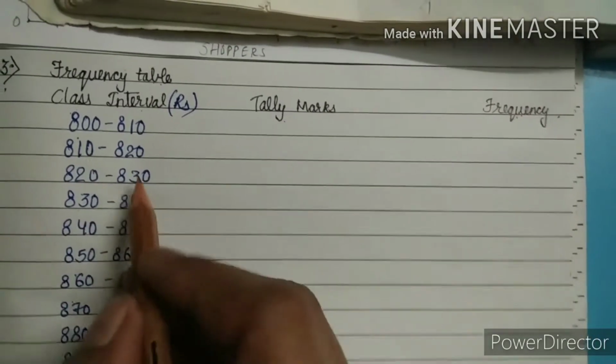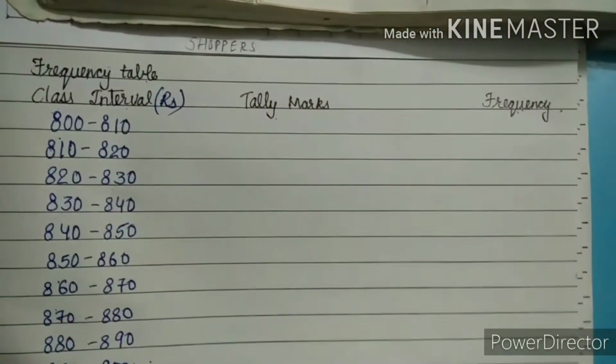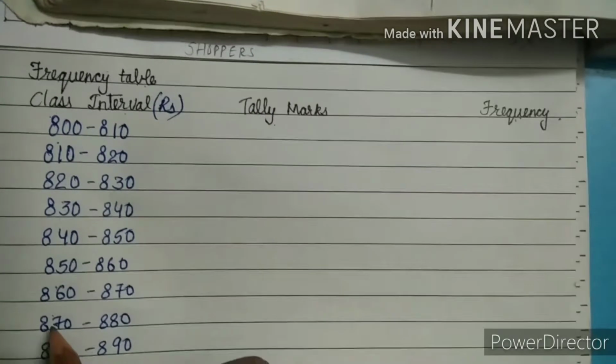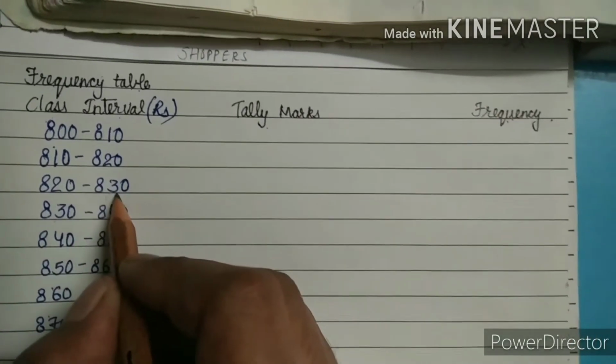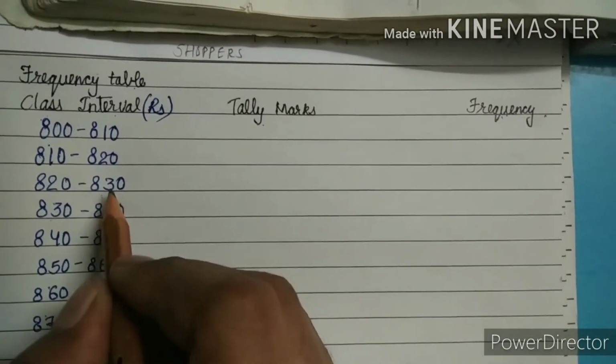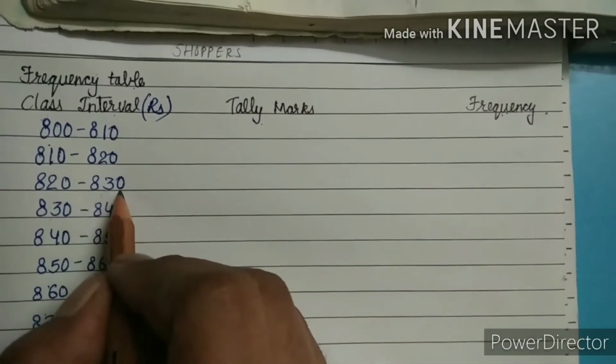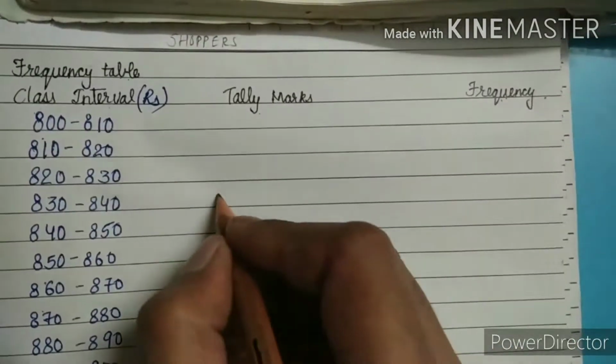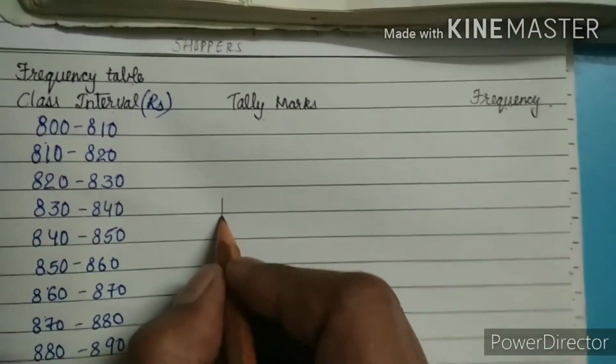But previously I explained that this whole thing is called the upper limit, and the starting is called the lower limit. Here 830 is the upper limit, so 830 will not come here. Where will 830 come? In the lower limit. So for the tally mark, I will draw one mark for 830.